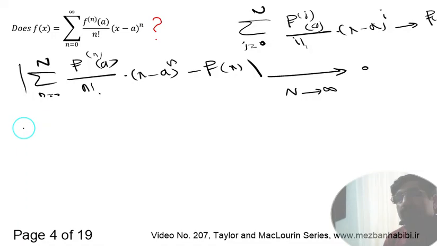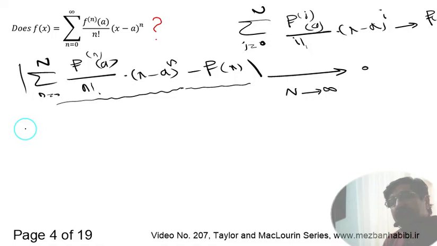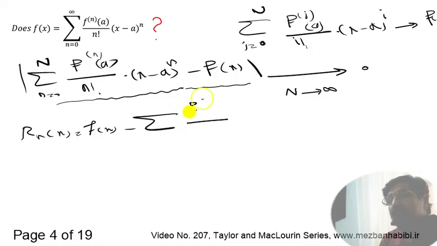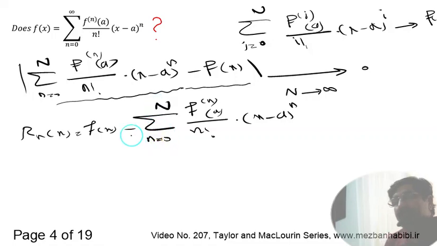We denote this term by Rn, that is, Rn of x is f of x minus the sum of the nth derivative of f at a over n factorial times x minus a to the power of n, from 0 to N. That is the remainder of f of x at a.